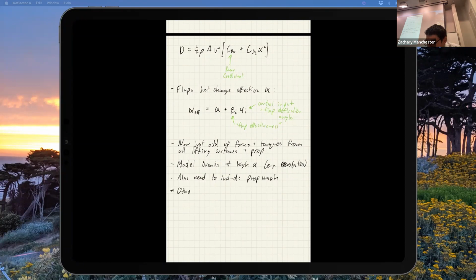Just as a parting thought about rigid body dynamics, other common single rigid body systems that you will probably encounter in robotics would include underwater vehicles, super common, spacecraft, wheeled vehicles and cars.